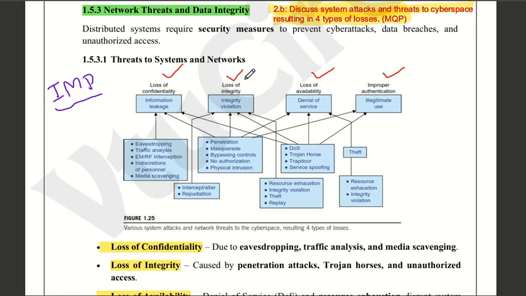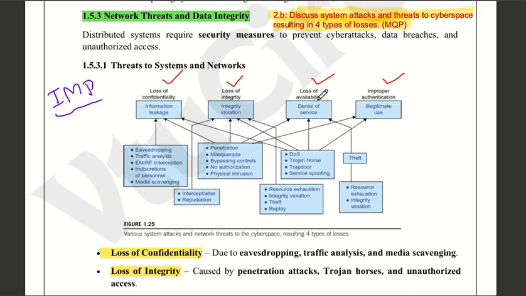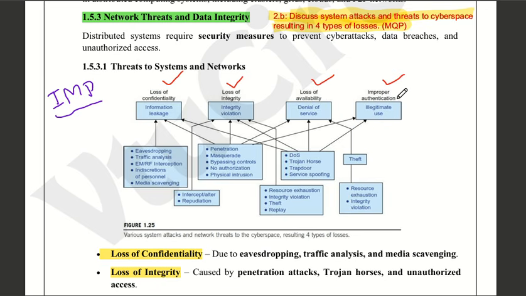Second, loss of integrity. Then loss of availability, then improper authentication. These are the four losses. When loss of confidentiality happens, there is information leakage, and due to integrity violation, loss of integrity. Denial of service is obviously loss of availability. Then illegitimate use is improper authentication.